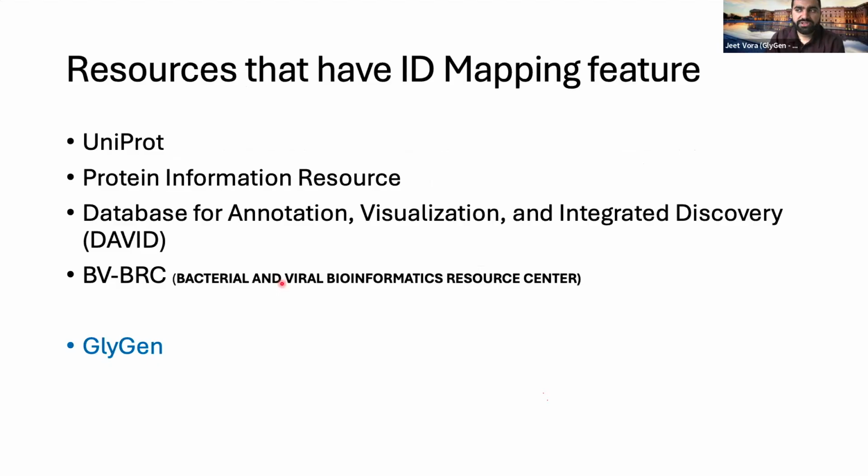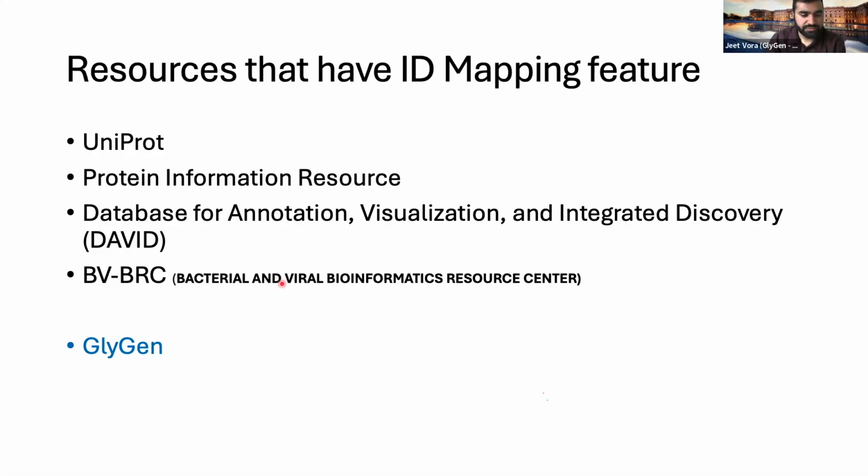So these are a few of the resources that have an ID mapping feature, just a few that I am showing you on the screen. UniProt has one, then the Protein Information Resource, PIR, then the Database for Annotation, Visualization, and Integrated Discovery, DAVID, they have a version of ID mapping, the Bacterial and Viral Bioinformatics Resource Center has ID mapping, and then we have also implemented the GlyGen ID mapping.